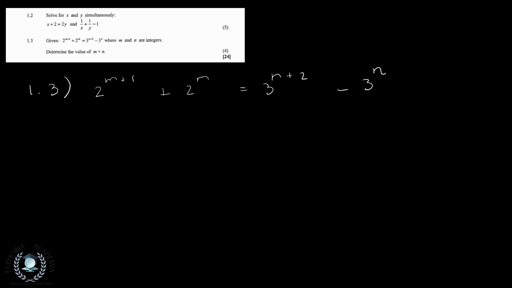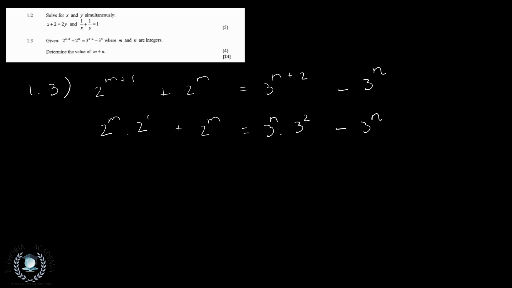Laws of exponents say that if we're adding exponents, they need to have the same base and be multiplied to each other. So let's do that. 2 to the power of m is multiplied to 2 to the power of 1, and then here we just have 2 to the power of m, and this side we have 3 to the power of n being multiplied to 3 to the power of 2 minus 3 to the power of n.